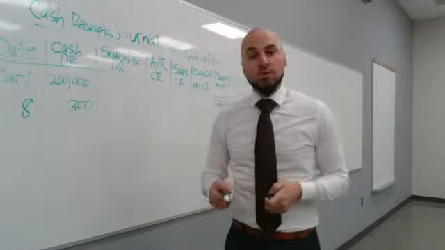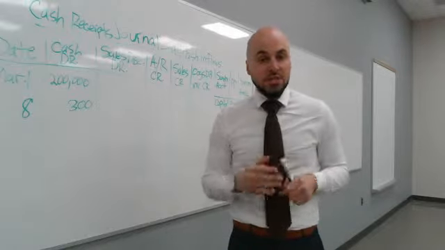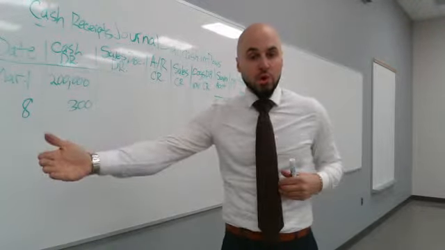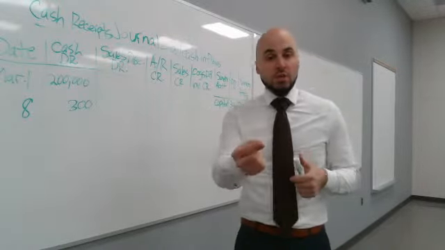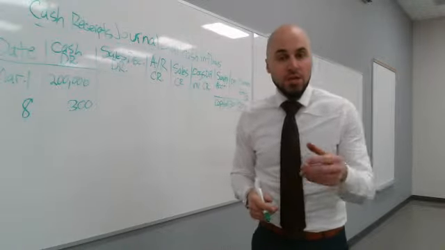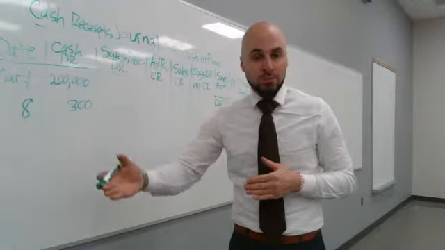Oh, and now sales discounts. If she's within the discount period, remember, a discount period is offered either by us to our customers or by our vendors to us, and we explain what that means in the periodic perpetual video. Very quickly, let's say it's 2/10, N/30.